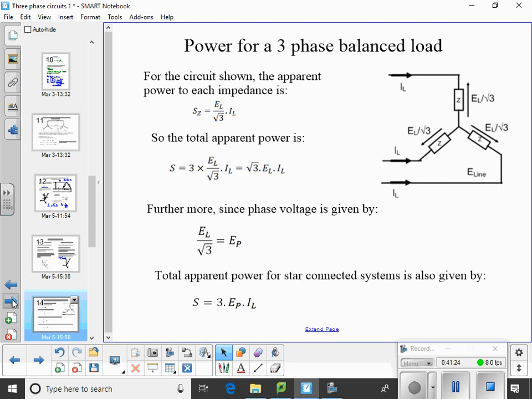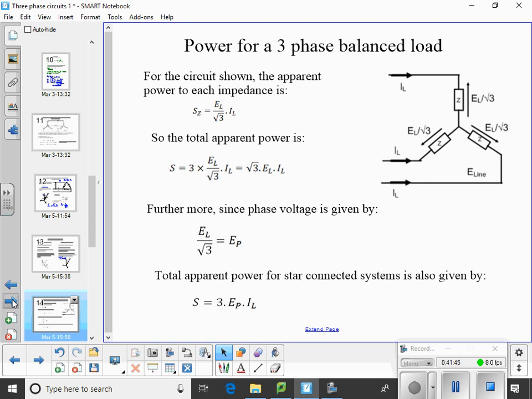It gives root 3. All I've done here is, instead of putting EL over root 3 in, I've put EP in.